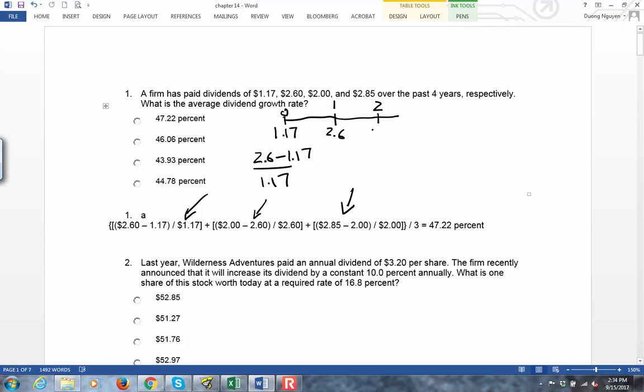At year 0, 1, 2 the end of it is $2 here, and in year 3 it is 2.85. So this is the growth in year 1, this is the growth in year 2, and this is the growth in year 3. After you calculate all the growth for 3 years, take the average, and the answer is 47.22%.